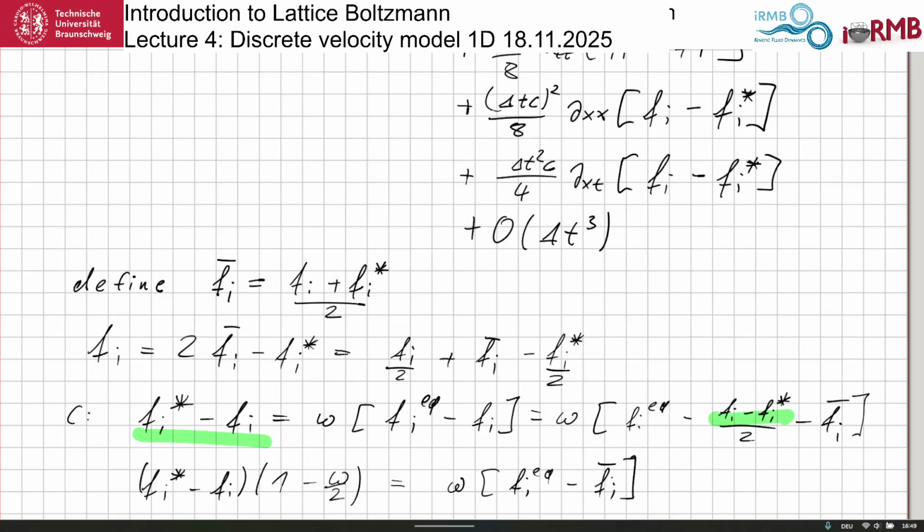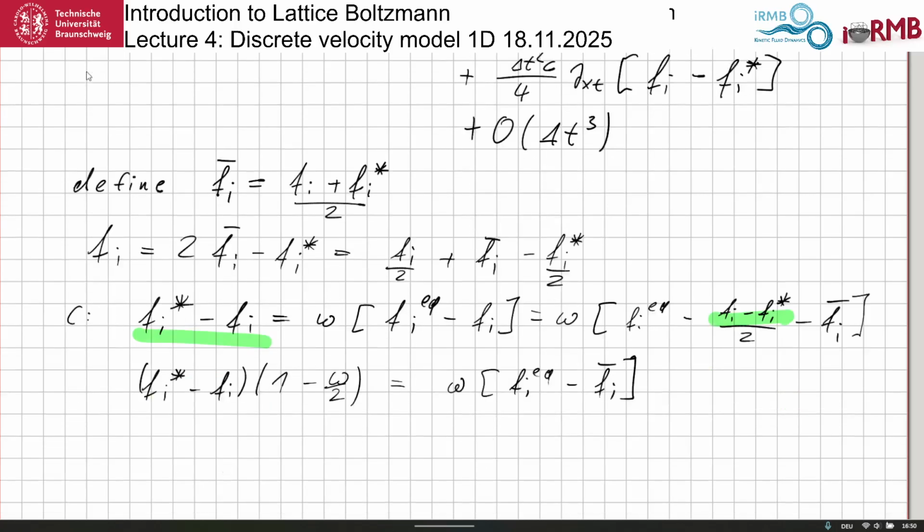Now, if we assume that this fi bar, which is the symmetric thing, which does not exist in the simulation but is just the average between pre and post collision, then this is exactly in the right format that we have in the original BGK equation, right? So we got this into the right format, but the collision operator looks a little bit different because we still have this thing here in front.